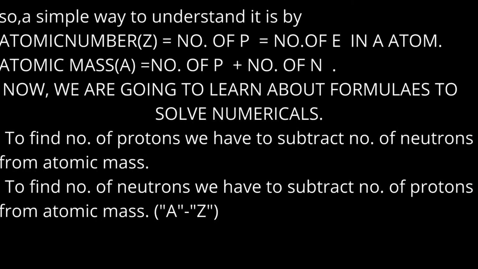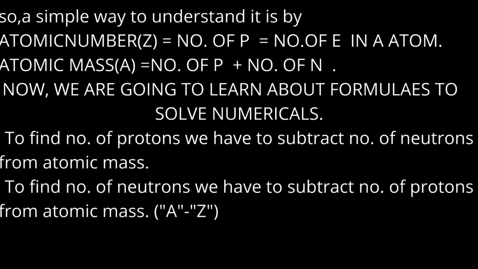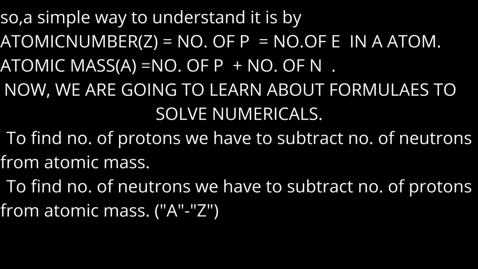So a simple way to understand it is: atomic number Z equals number of protons, which equals number of electrons in an atom. Atomic mass A is equal to number of protons plus number of neutrons. Now we are going to learn formulas to solve numericals.